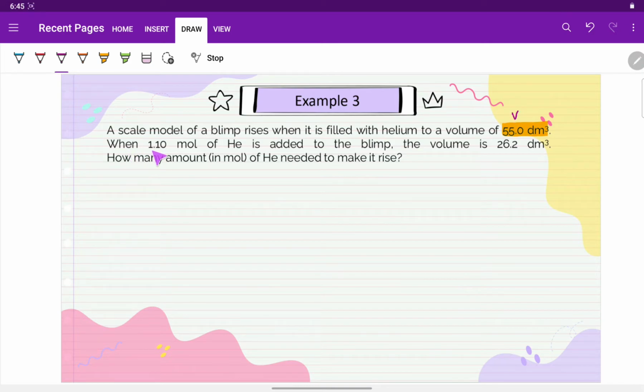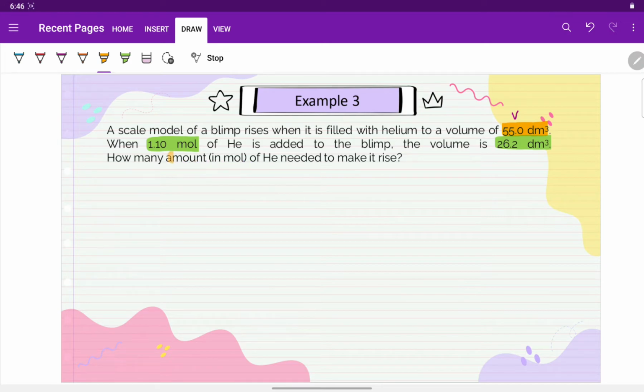Okay, when 1.10 mole of helium is added to the blimp, the volume is 26.2 decimeter cube. Okay, so this number of mole is for this volume. Okay, so now how many amount in mole of helium needed to make it rise?